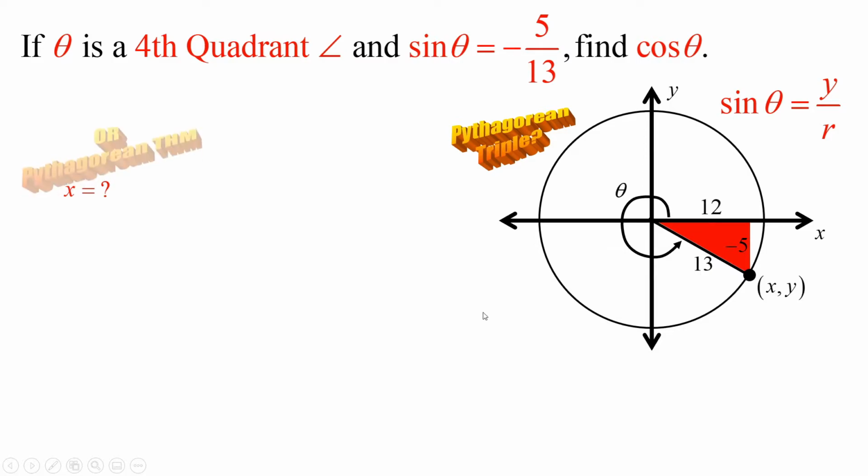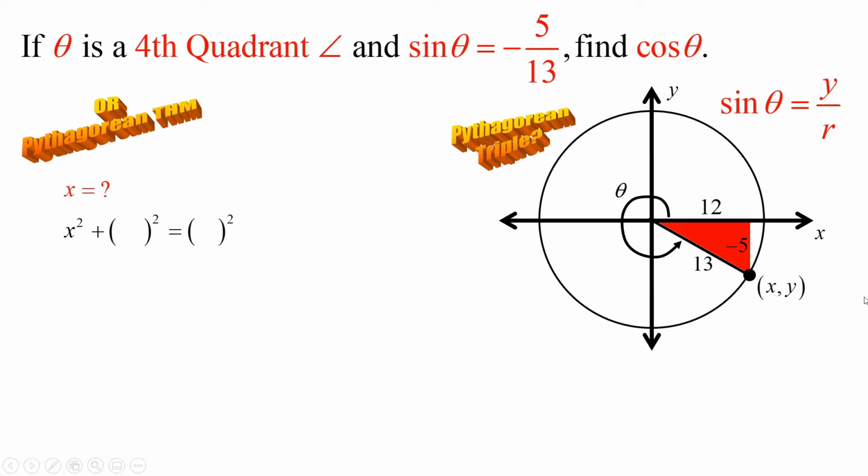If you don't know your Pythagorean triples yet, don't panic. We're going to use them so often that you will have them down. But if you don't remember that, you could also find that 12 with the Pythagorean theorem. So x squared, that's the 12 we're trying to find, plus my other leg squared, negative 5 squared, equals my 13 squared.